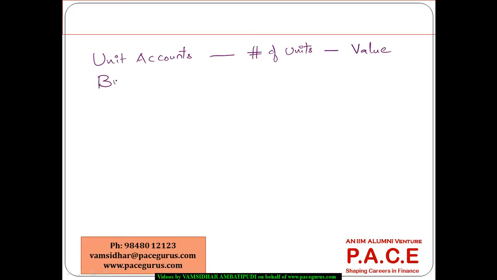And these insurers typically use what is called a bid offer price. It is very simple. When you are paying a premium, the portion of the premium is going to buy the units of the fund.